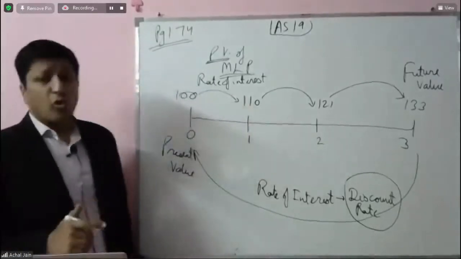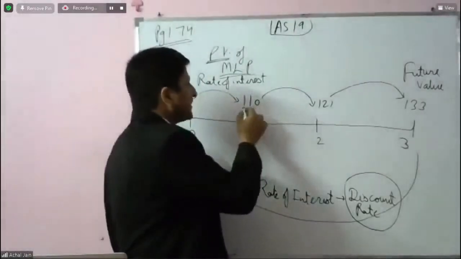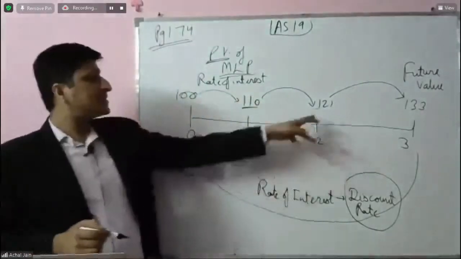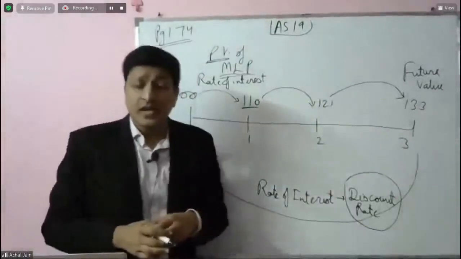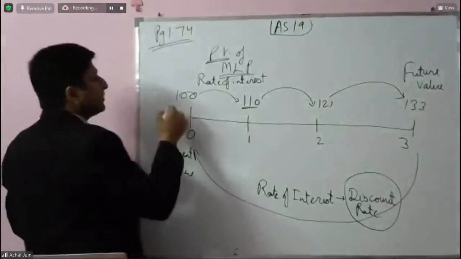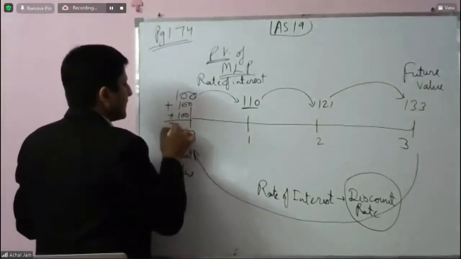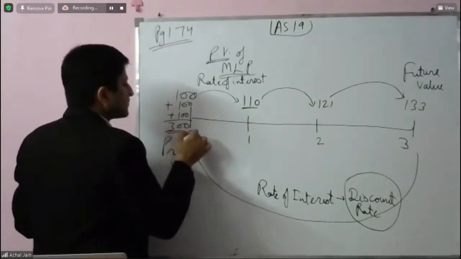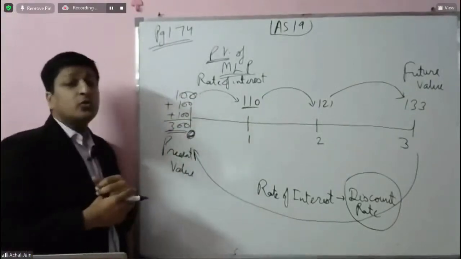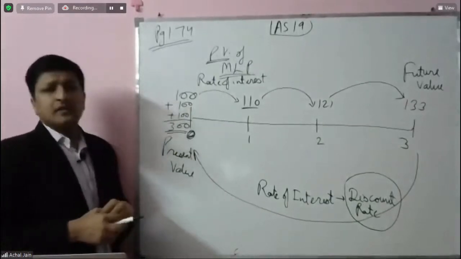Now, all the MLPs that we will have, let's suppose in this year we have MLP of 110, in this year we have this, in this year we have this. So what would be the MLP in terms of their present value? That would be 100 plus 100 plus 100. So MLP in terms of their present value will be equivalent to 300. So we can say present value of MLP will be 300.